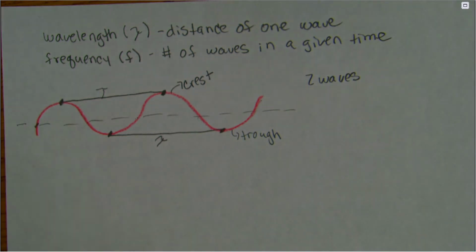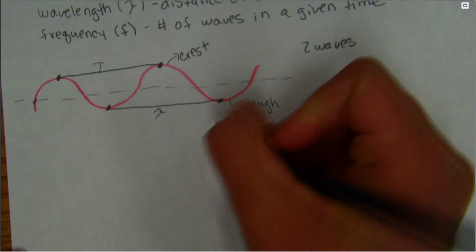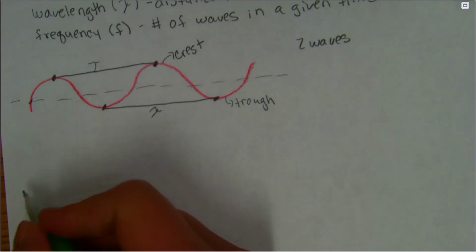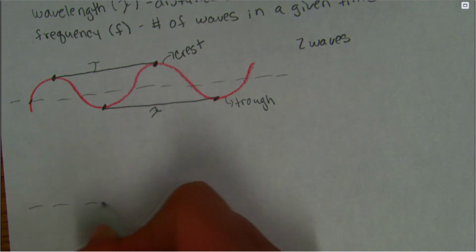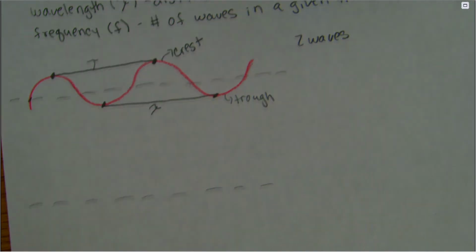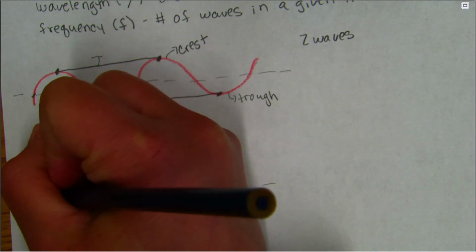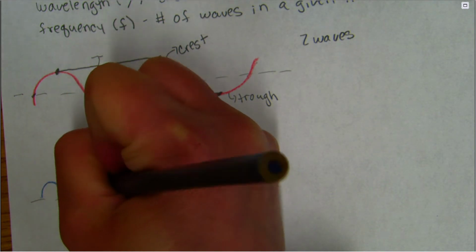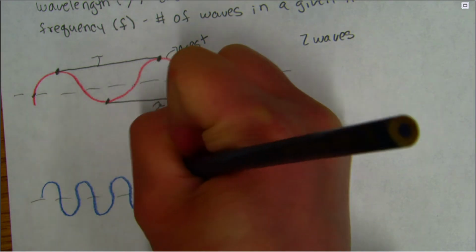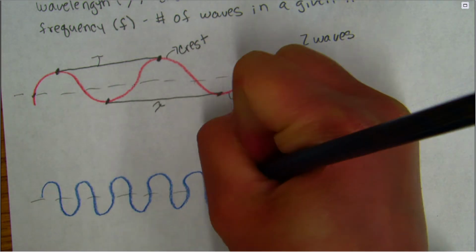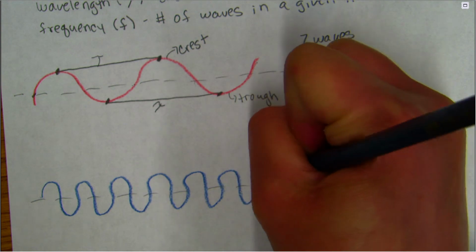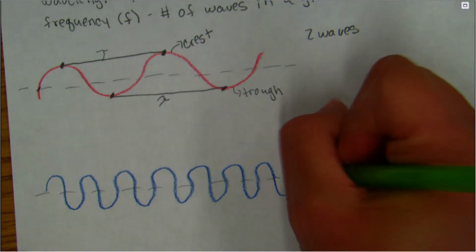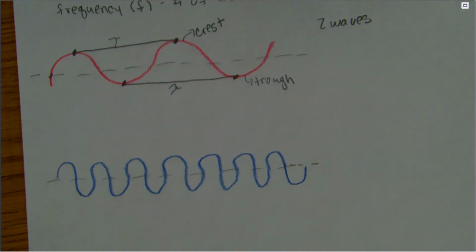but let's look at a blue wave. I'm going to start with my dotted line just because it makes it easier for me. Okay, so here's the blue wave.